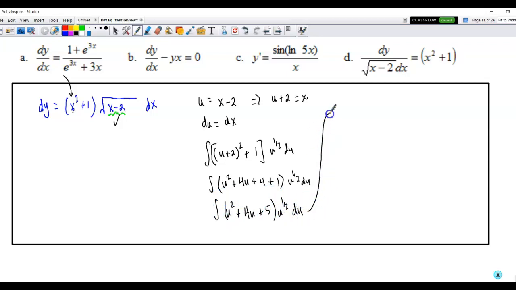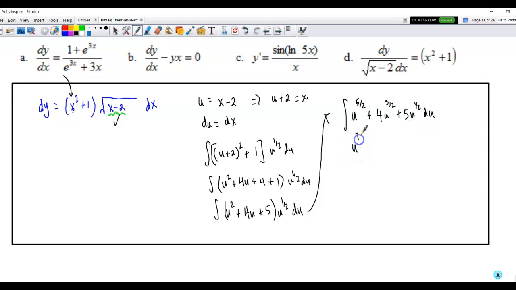I'm going to distribute the u to the 1/2 power, and that gives me u to the 5/2 power plus 4u to the 3/2 power plus 5u to the 1/2 power. This is working out nicely. I had to do a little algebra to get there, but it's working.